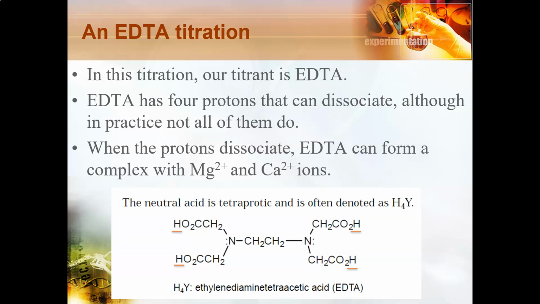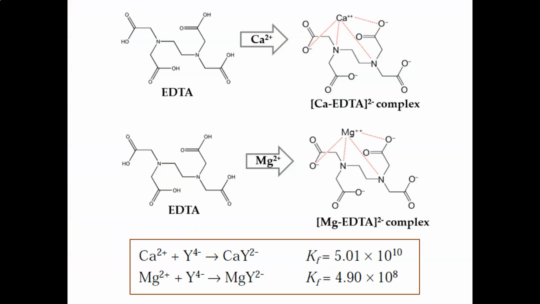So in solution, maybe some of the protons dissociate, maybe all of them don't dissociate. But when the protons dissociate, that gives the EDTA an opportunity to form a complex with magnesium and calcium ions. And this is what the complexes look like. So if we have our EDTA right here, and this shows the 1, 2, 3, 4 protons right here.